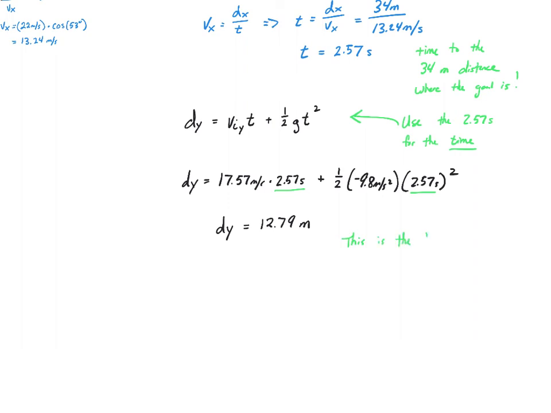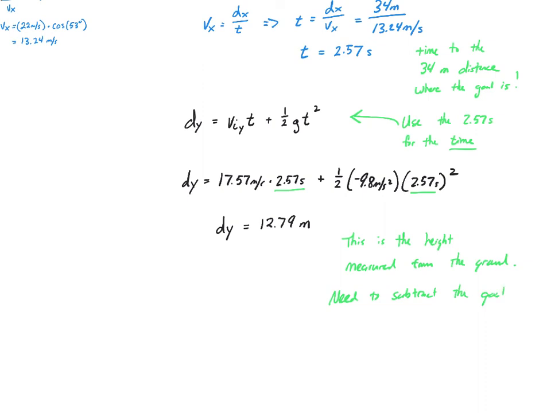Remember now that this is the distance from the ground to where the ball is in the air at that goalpost time. So we need to subtract then how far off the ground the goalpost is to figure out how far above the goalpost the ball is and if it clears it or not.